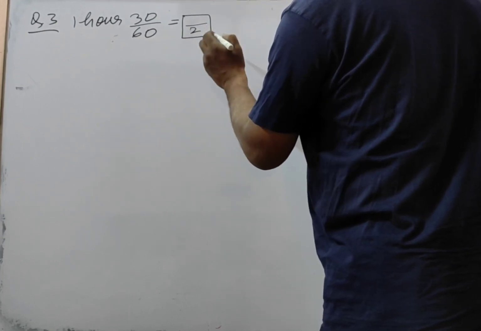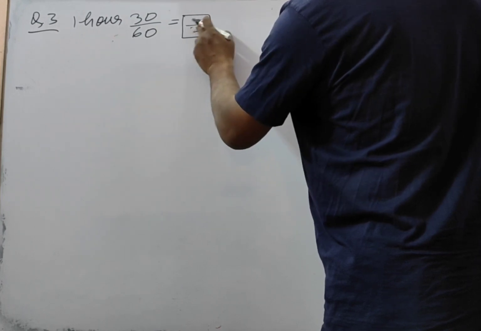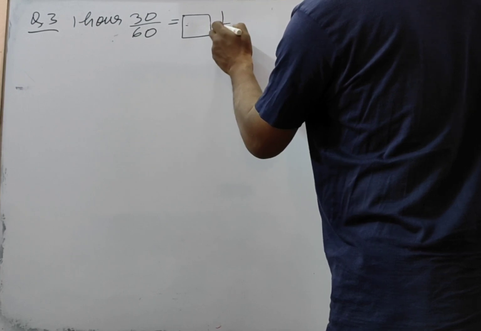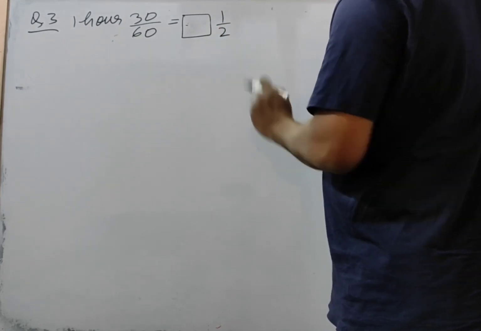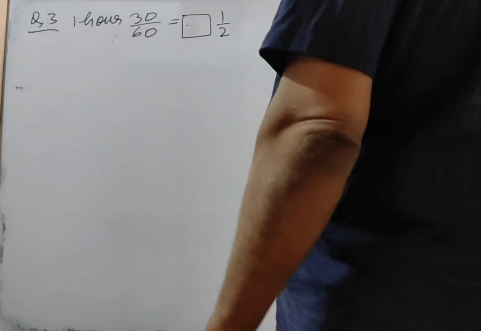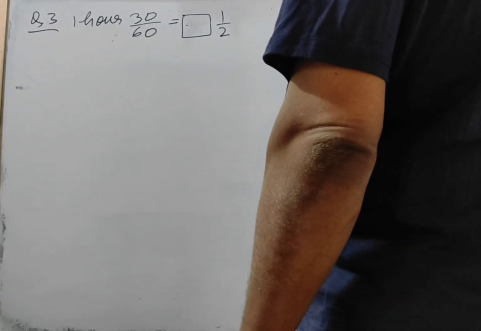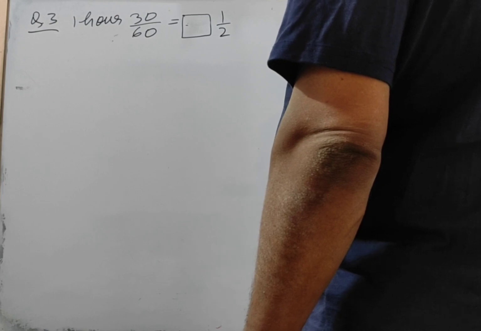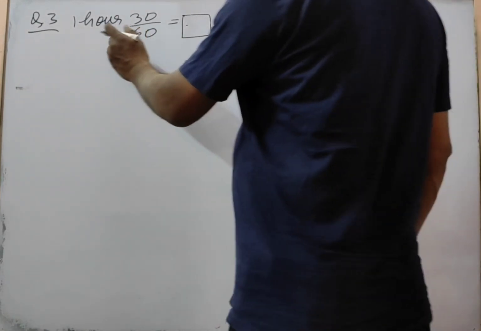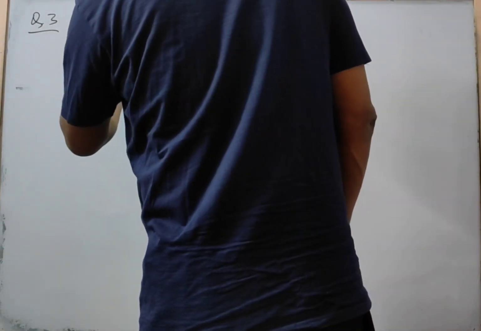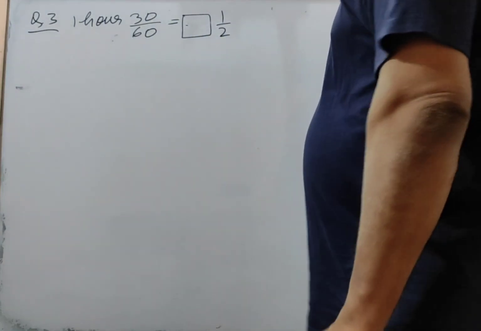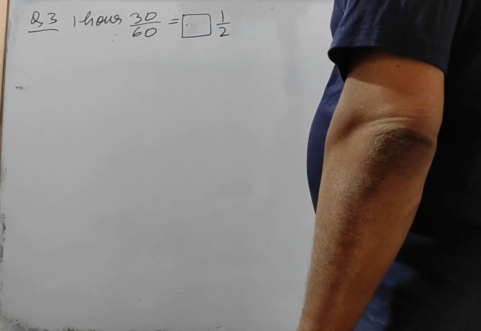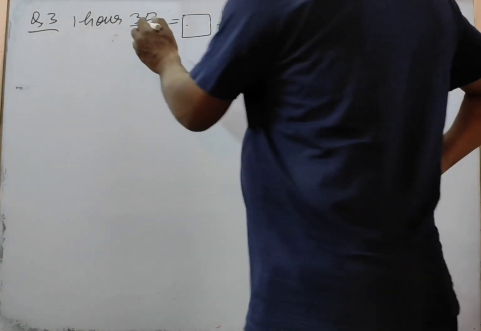Like this, right? This is written here, 1 hour 30 over 60. It means this is 1 by 2.